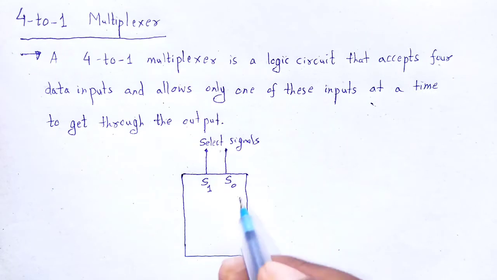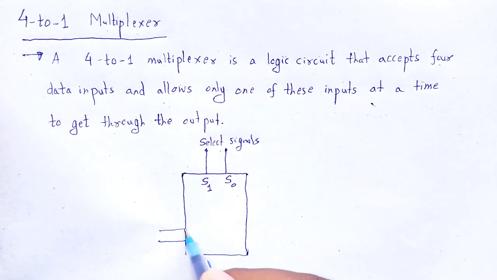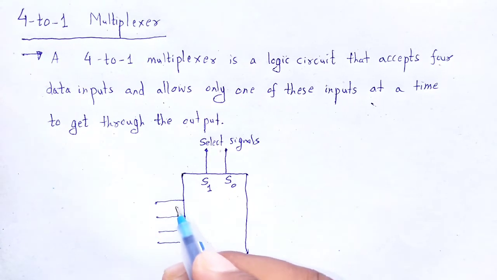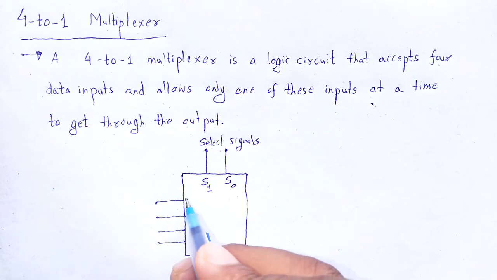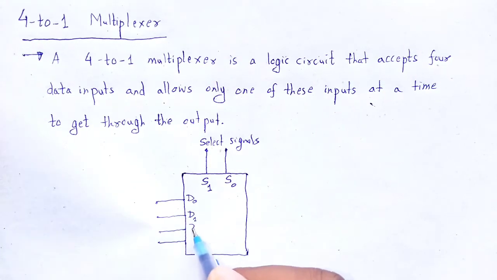The input signals are 4 in number, named D0, D1, D2, D3.